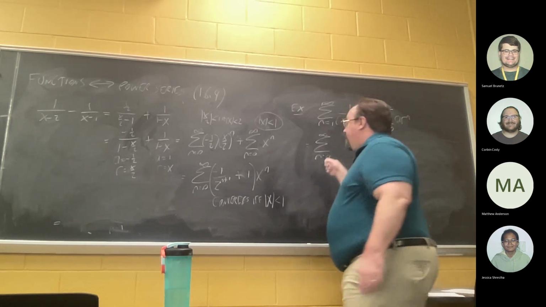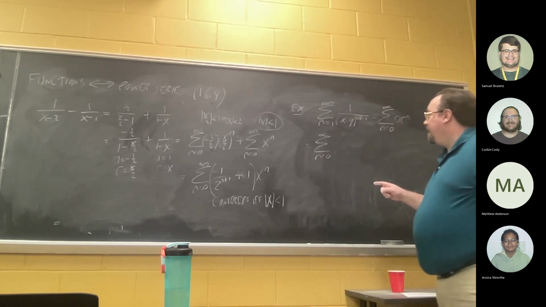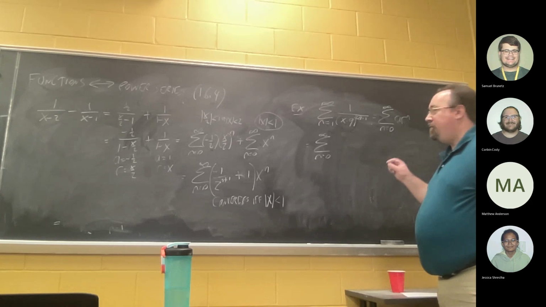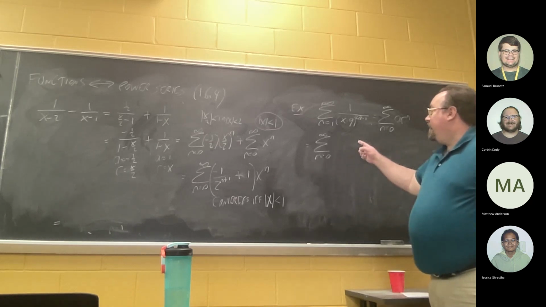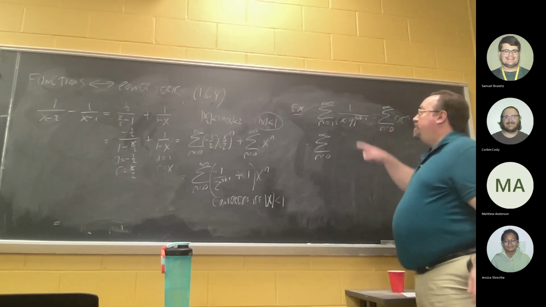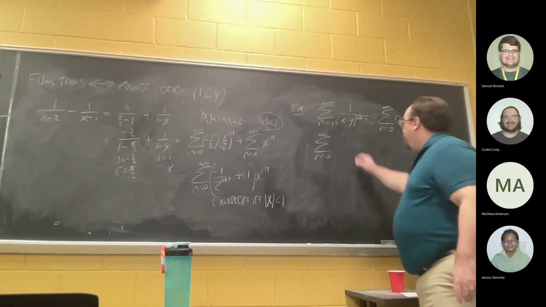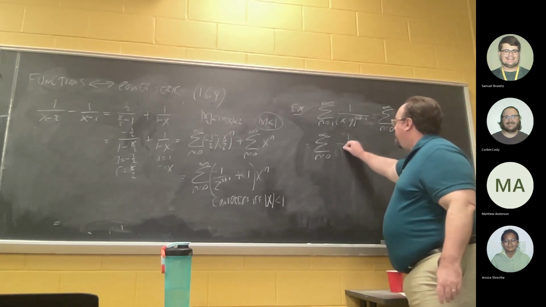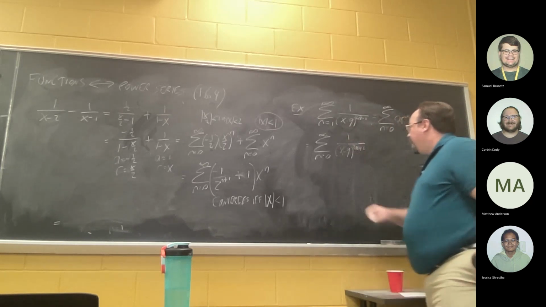Now, because I am decreasing the starting value of n. Oh wait, is that x minus 9 to the 2n minus 1? Yeah, x minus 9 all raised to the 2n minus 1 power. So because I'm decreasing the starting value of n, in here I need to replace n with n plus 1. So I get 1 over x minus 9, all raised to the 2n plus 1 power.